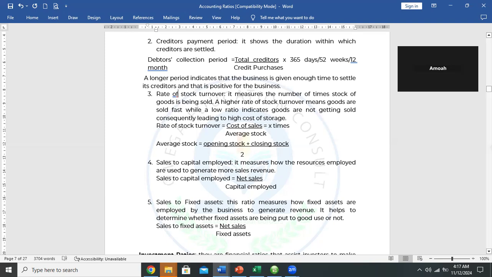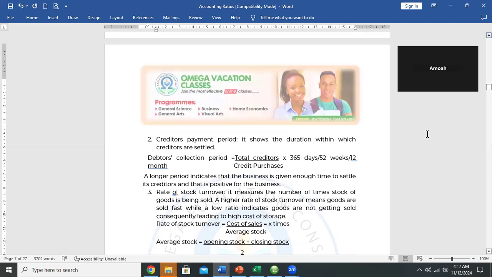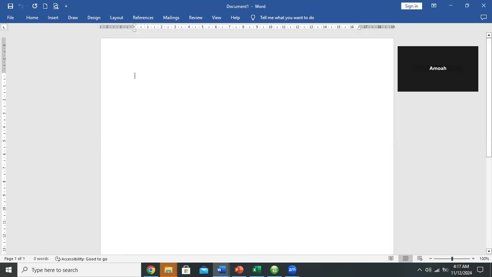the first ratios we've just seen, I think I need to write these things down for you to better appreciate it. The first one, gross profit margin, the net profit margin, the return on capital employed.